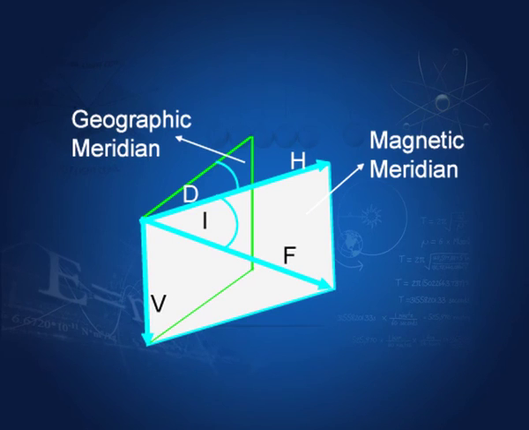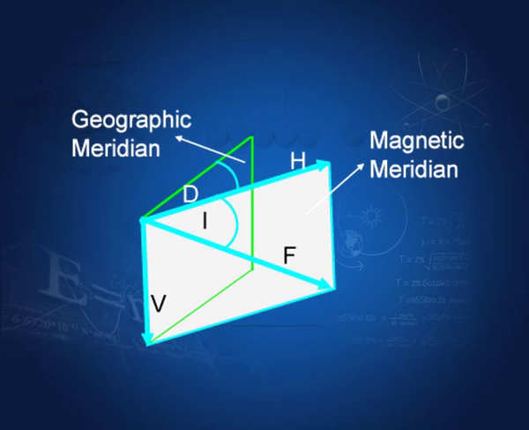In the magnetic meridian, the horizontal component of the magnetic field is denoted by H, the vertical component by V, and the total field is F, that is, the square root of V squared plus H squared. The angle between H and F is called the angle of dip or inclination.